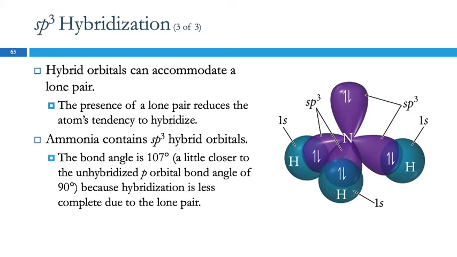Hybrid orbitals can accommodate a lone pair. So if we look at nitrogen, nitrogen's atomic orbitals, we got S and P, and we had 1, 2, 3, 4, 5.